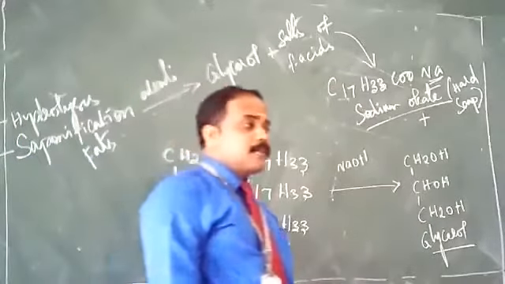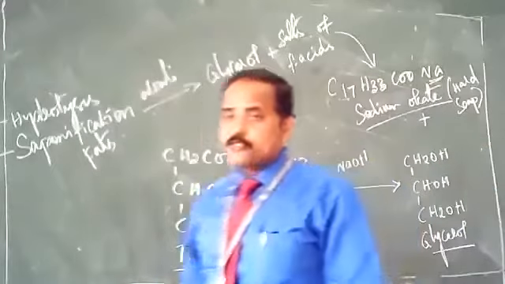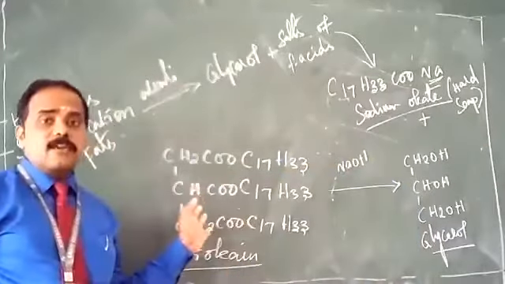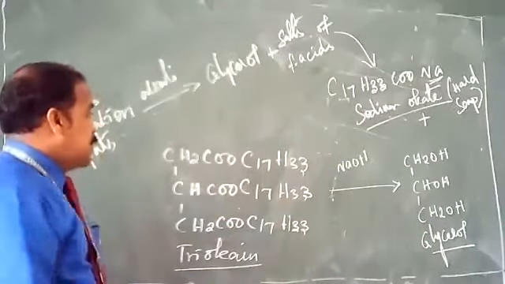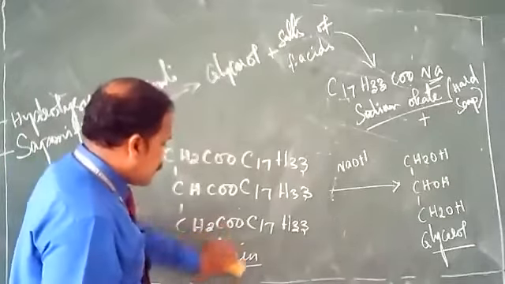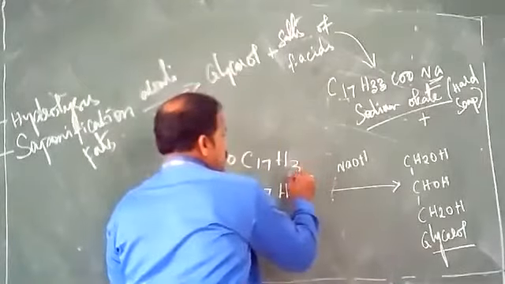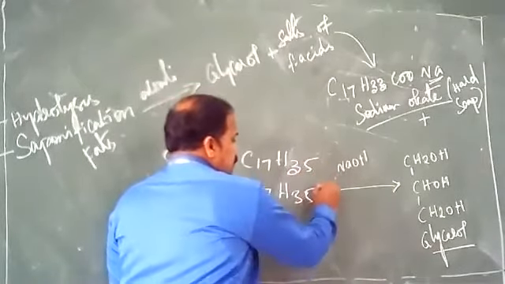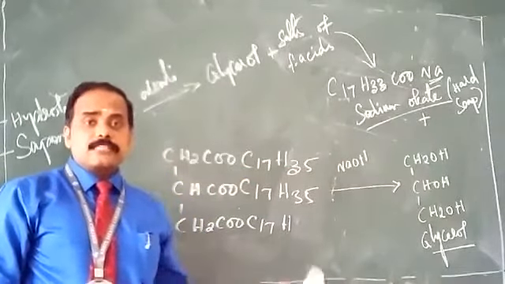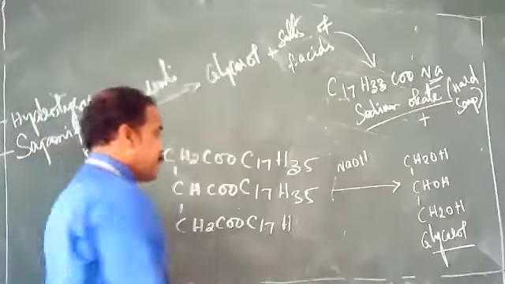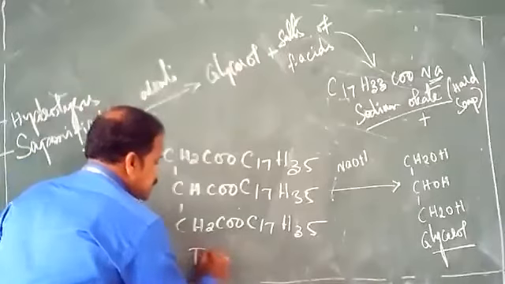Similarly, there is one more example. Instead of trioleine, we can take tristearin. I'll write the structure of tristearin here: C17H35. Trioleine is C17H33, whereas tristearin is C17H35, so we can easily remember that.